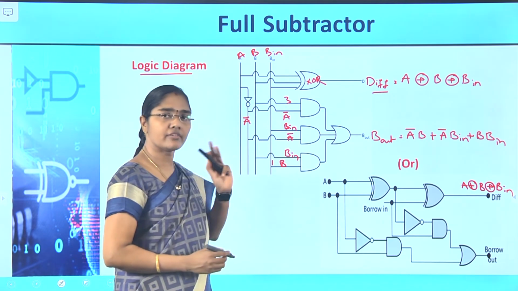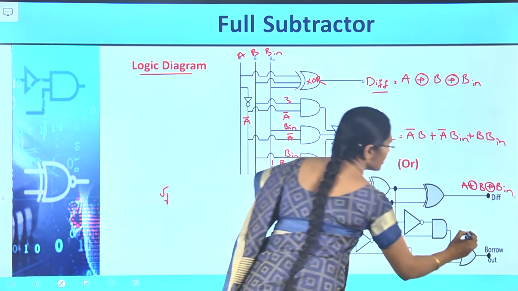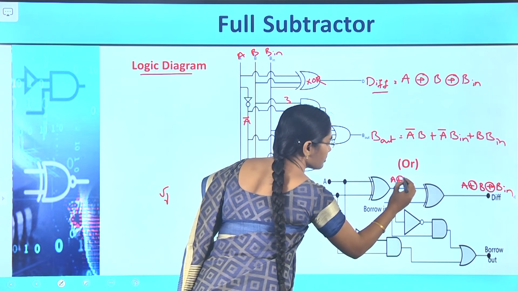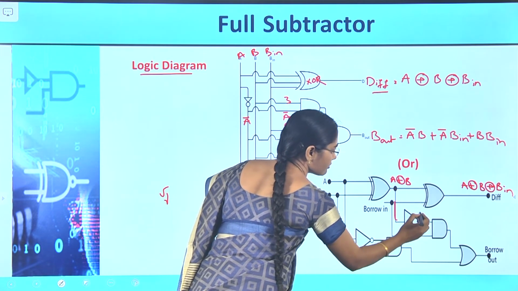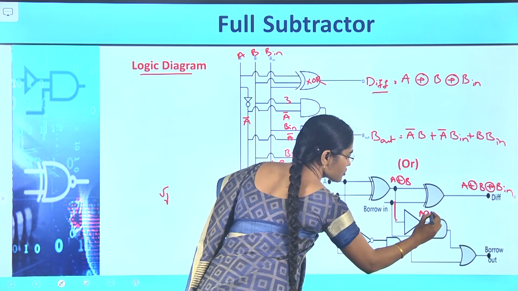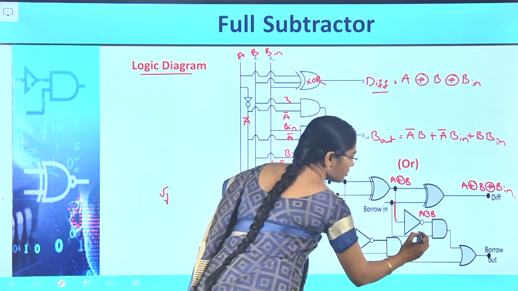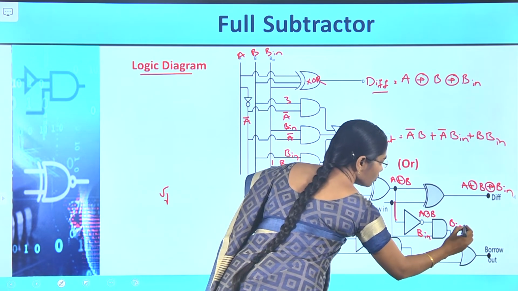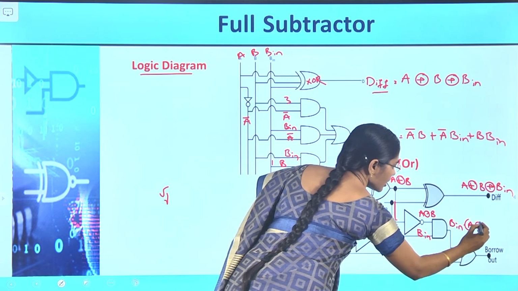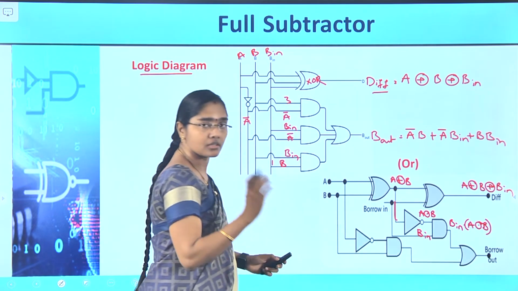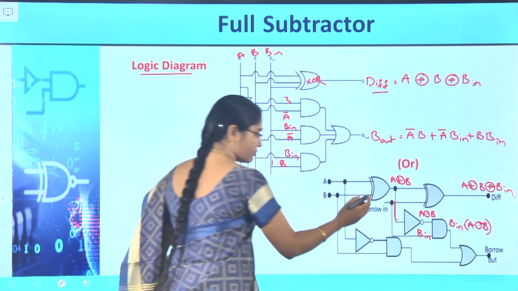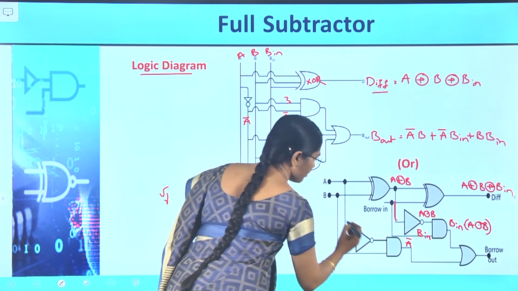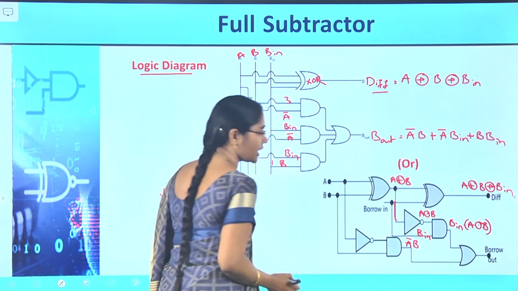For the borrow expression, see here, it is A XOR B and that is given to the inverter. So, it is A XOR B and borrow in, B in is applied here. So, B in into A XOR B is half part of the full subtractor borrow out, and the next is A bar into B, output of the AND gate.